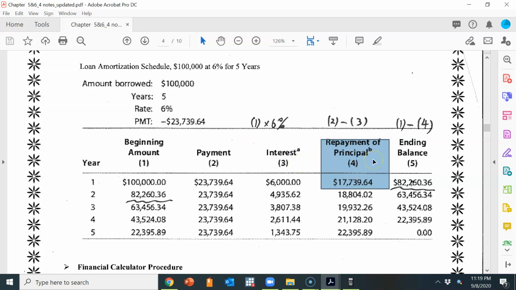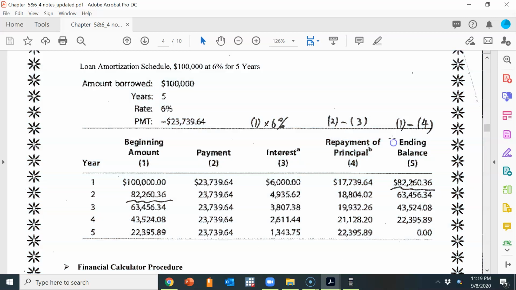So we have the principal payment for the first year. Because column 3, interest payment, and column 4, principal payment, should add up to column 2, the total payment. That's why we can use 2 minus 3 to get 4 here. So the first year principal payment should be 17,000.